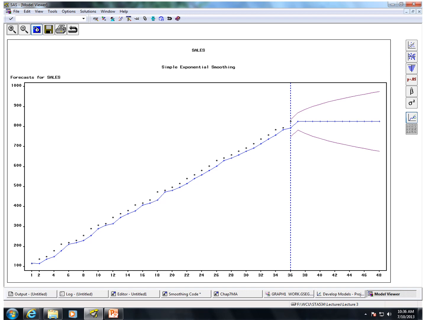Remember, we said simple exponential smoothing. So what is SAS doing here? What is our model doing? It's basically saying that my estimate, my plus, is always going to be horizontal, flat, from the previous observation, the previous asterisk.